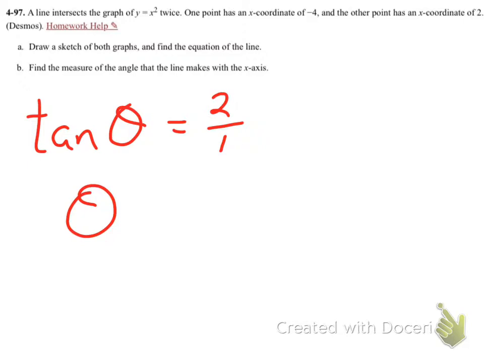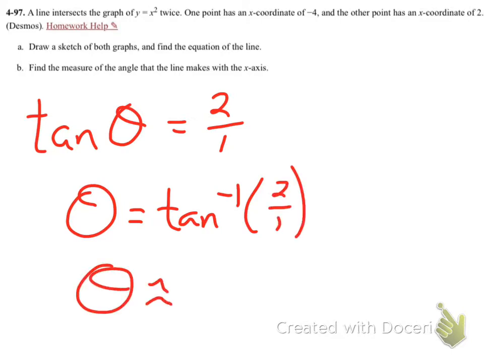So to solve for theta, I'm going to use the inverse tangent function. And theta is going to be approximately, when I type that in my calculator, 63.435 degrees. And there we go.